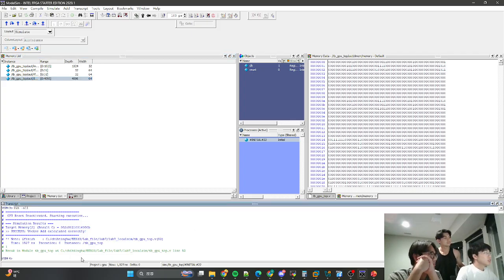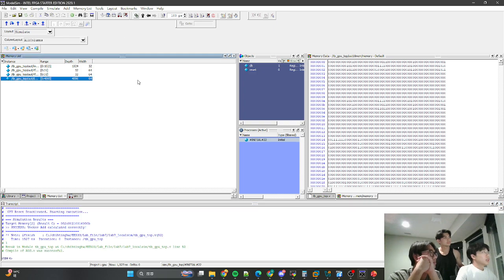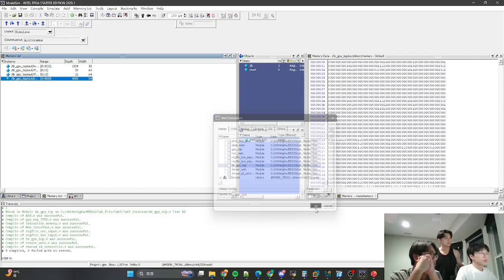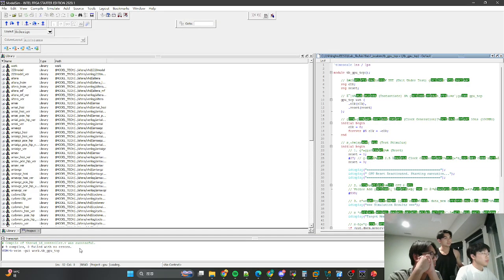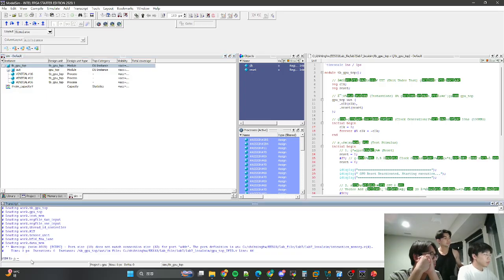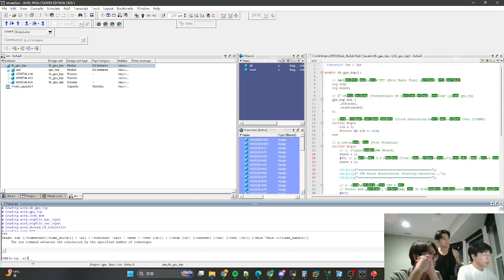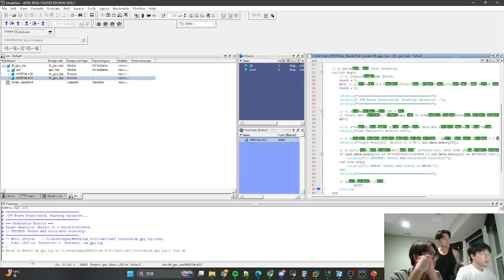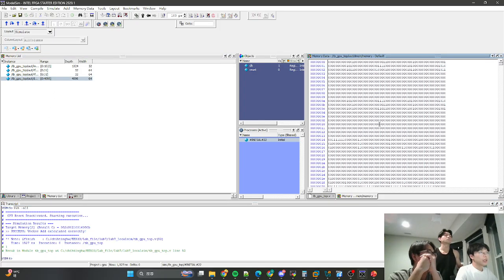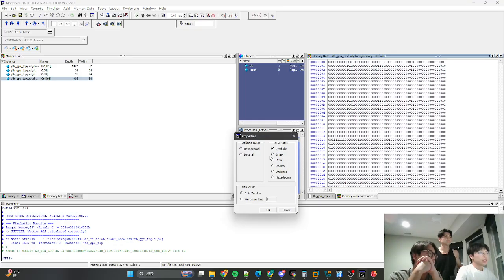So let's load the design again. Now we can look at our data memory.